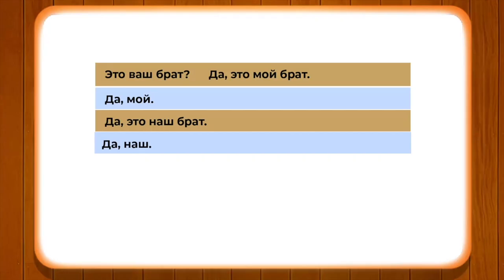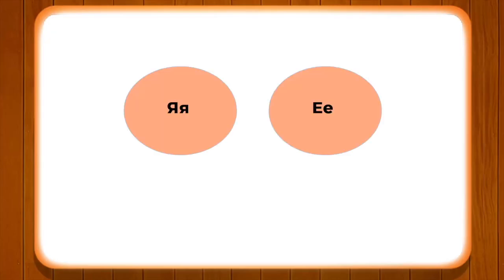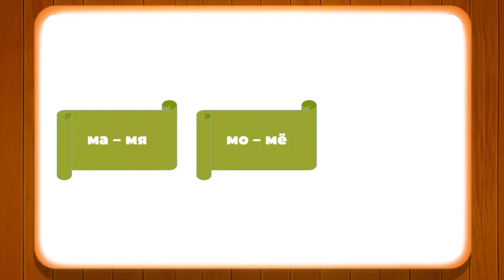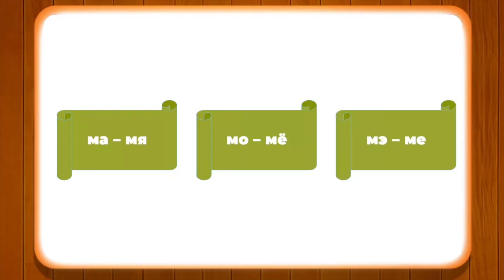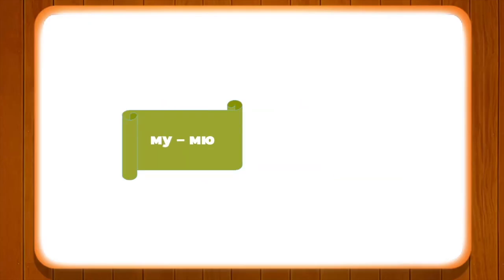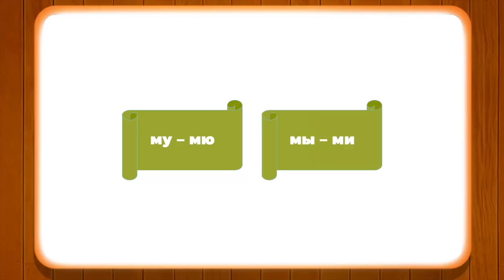Alright, now let's go ahead and look at a few more such examples. Here you will see that we have certain vowels like я, е, ё and ю. Here we are going to combine them with certain consonants like мя, мю, мё, мие, and so on.